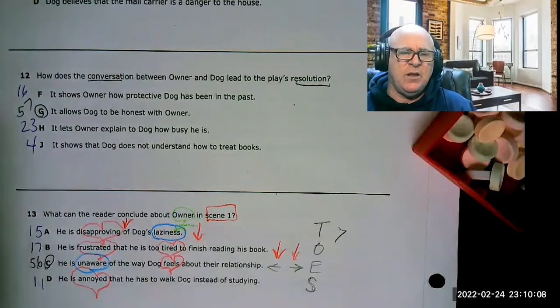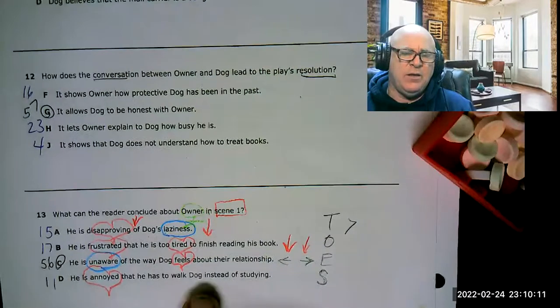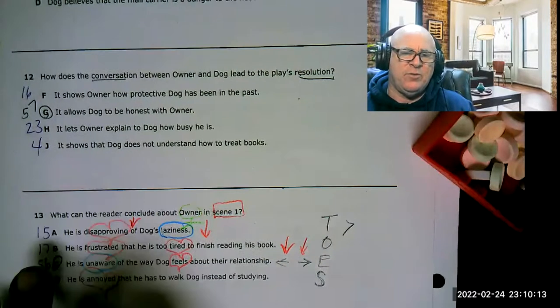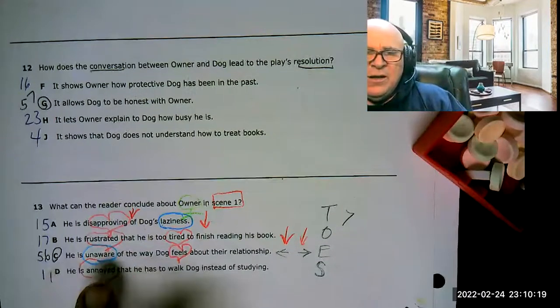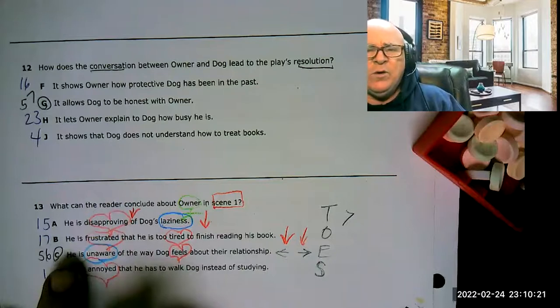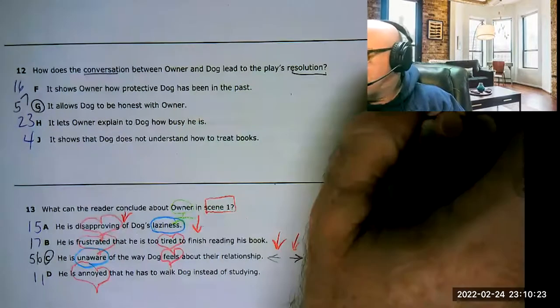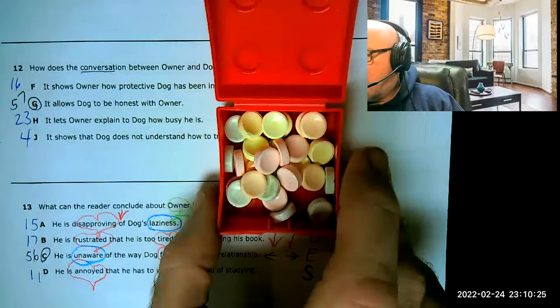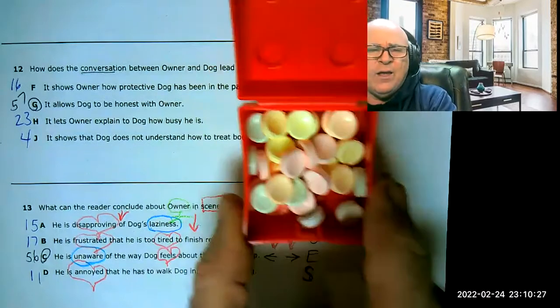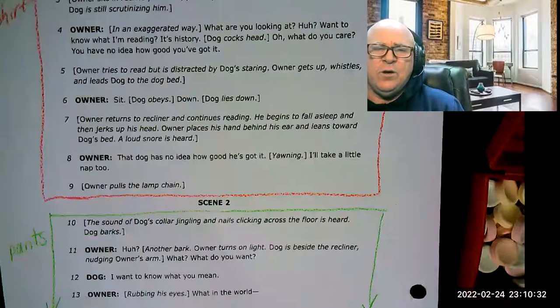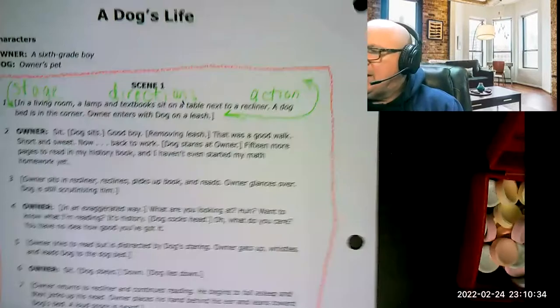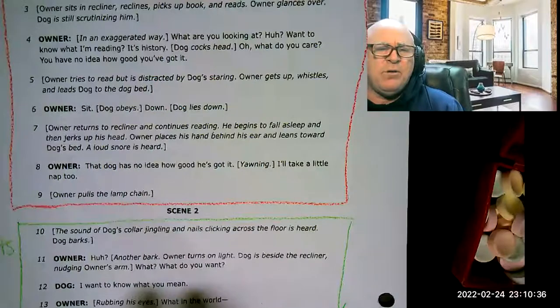But as you can see, each of A, B, and D were a big enough distraction that they were causing the student, after reading scene one, to pick lots of answers. So what I suggest that you do then, if you can't look at scene one and get your answer, then just read a couple of lines.